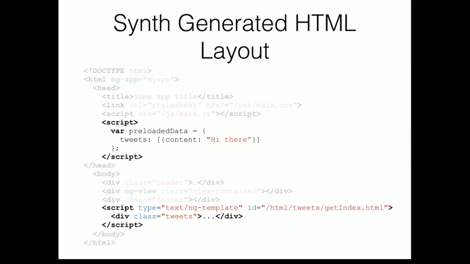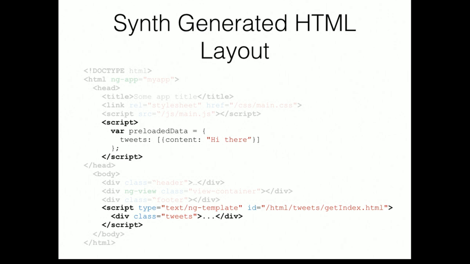And then below, for preloading the HTML view, we take advantage of this feature that a lot of people don't know about, which is you can preload a view inside of a script tag of type text/ng-template. So this is an Angular feature. And when the Angular route provider sees that you have the script tag with the ID of the path it would have gone to, instead of actually fetching that HTML file, it just uses what's inside the script tag. In this case, it's HTML.